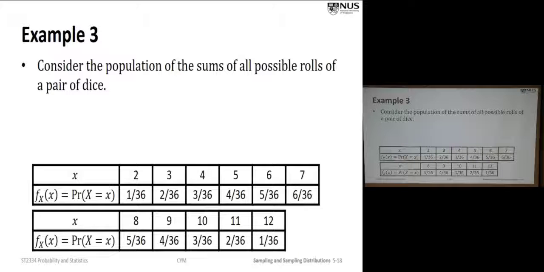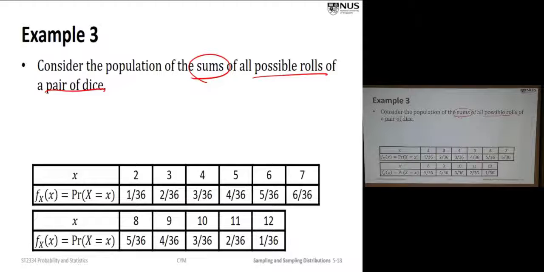This time we consider the sum of all possible rolls of a pair of dice. What we are saying is that I have two dice, I roll them. So I suppose I have 36 outcomes: 1,1, 1,2, and so on.